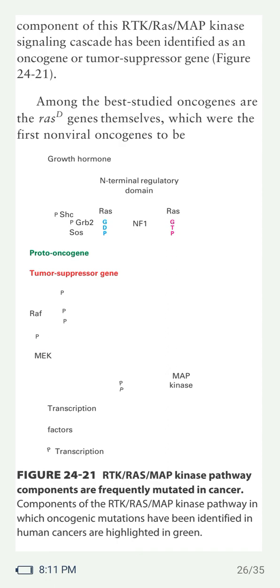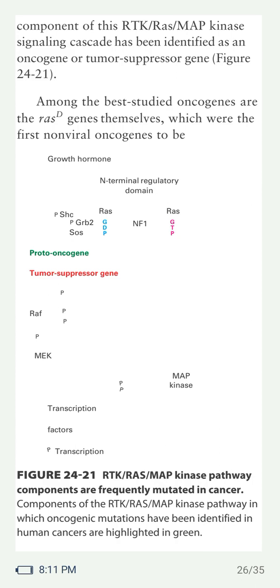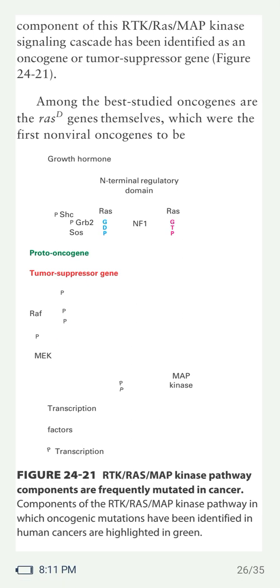Among the best studied oncogenes are the RAS genes themselves, which were the first non-viral oncogenes to be recognized. Growth hormone, tumor suppressor gene, RTK, RAS, MAP kinase pathway components are frequently mutated in cancer.